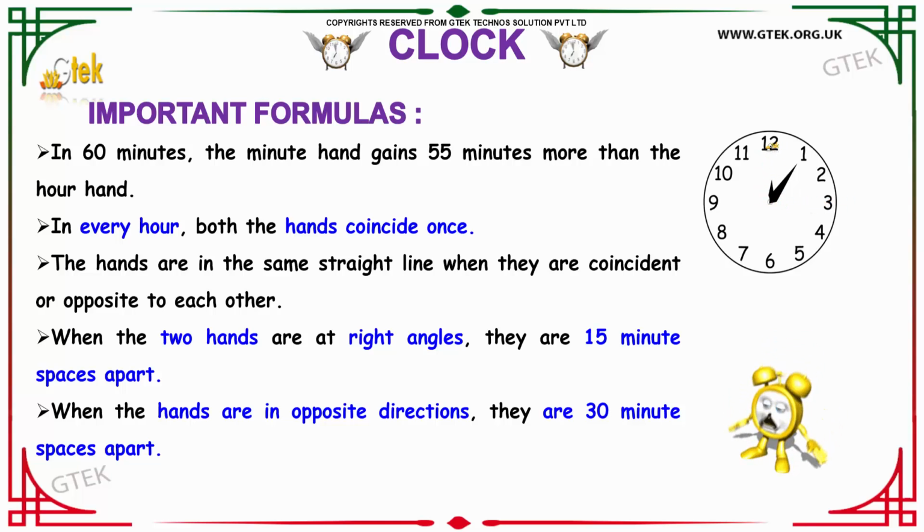As you can see, they are 15 minute spaces apart over here if your hands are at right angles. If the hands are in opposite directions, then they are 30 minute spaces apart.